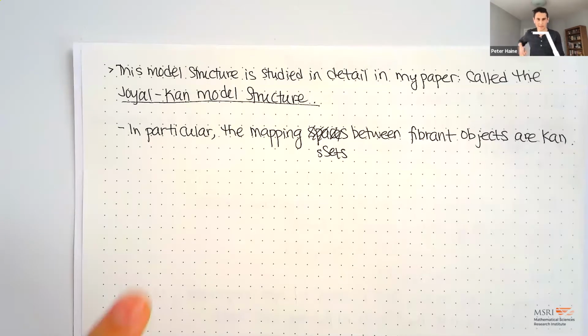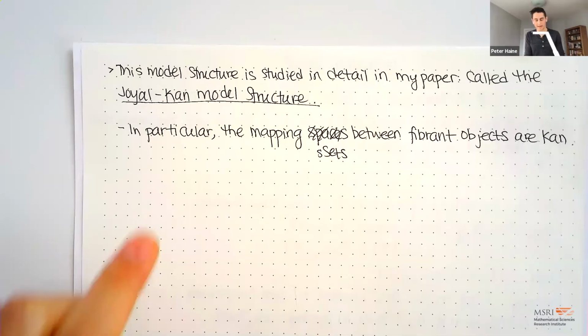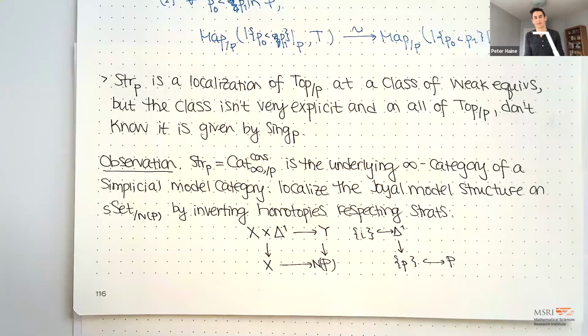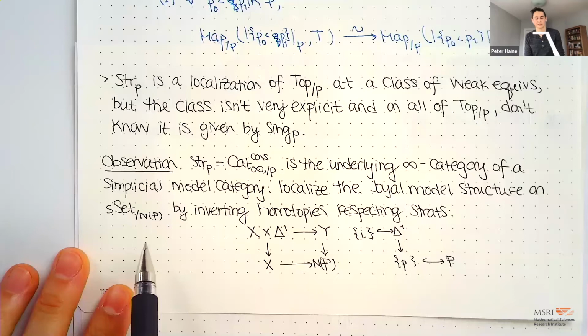So you're taking a left Bousfield localization of a model structure that's not simplicial. So it's non-obvious that this is simplicial, but it turns out to be.